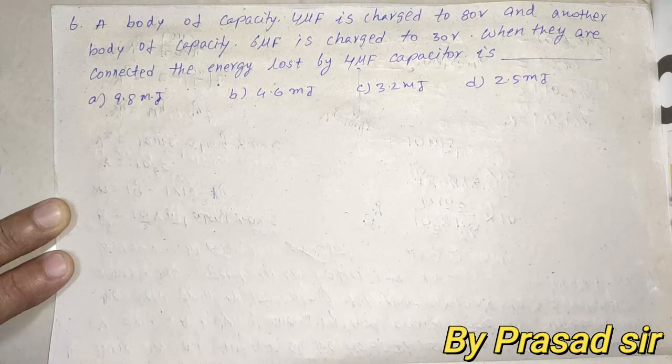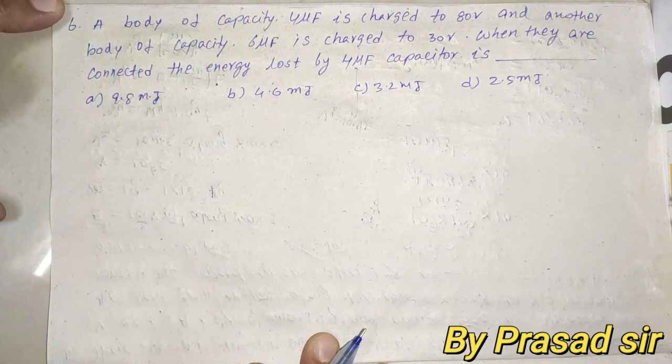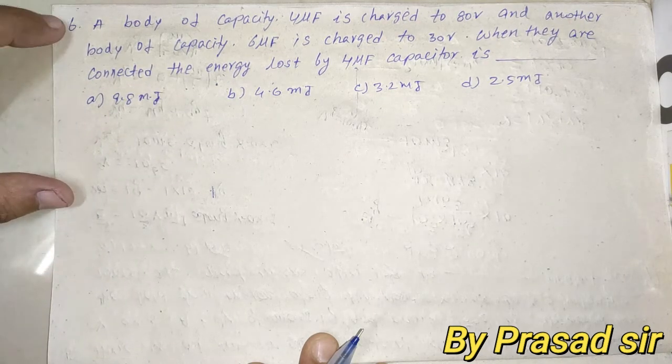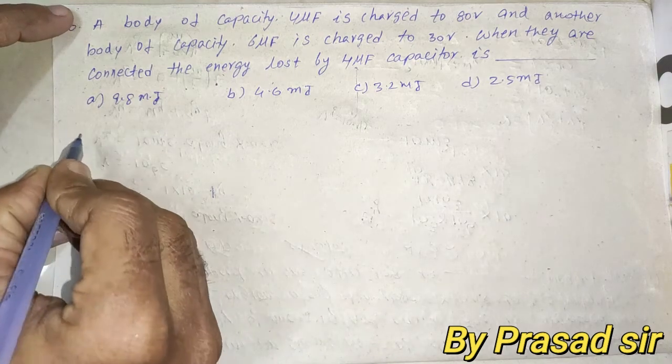A body of capacity 4 microfarads is charged to 80 volts and another body of capacity 6 microfarads is charged to 30 volts. When they are connected, the energy lost by the 4 microfarad capacitor is how much? So to solve this 6th question, first of all, what are the given values here?